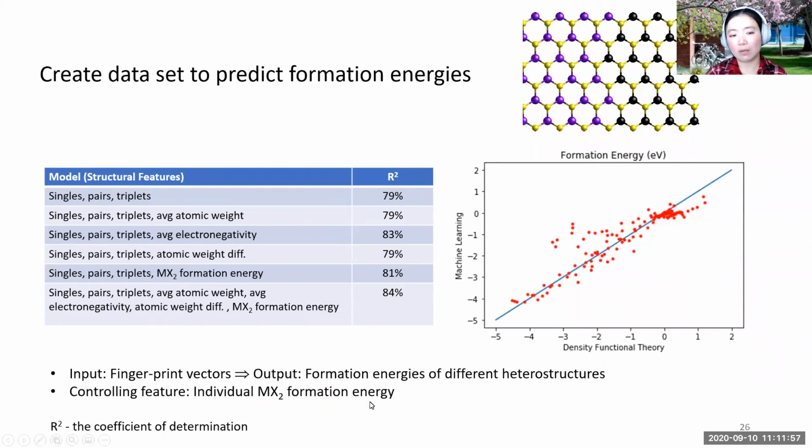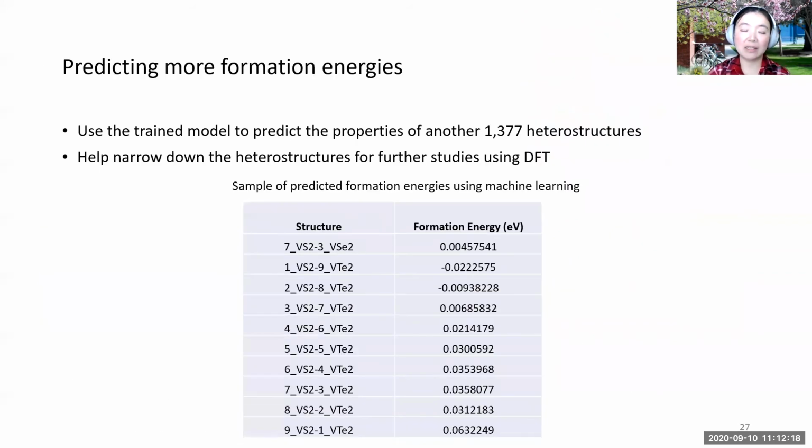You may ask why that matters. It helps us quickly identify which materials we should focus on, before we need to run any calculation or synthesize the materials in the lab. The next goal from this machine learning research is that I want this model to help us predict more formation energies.